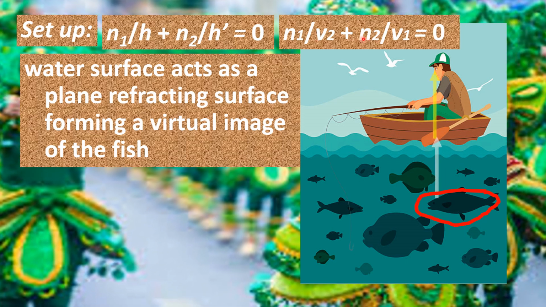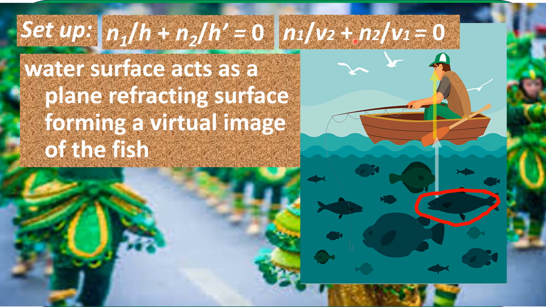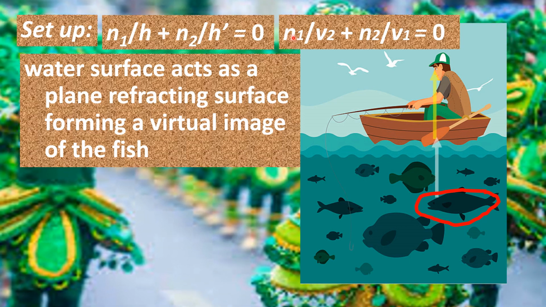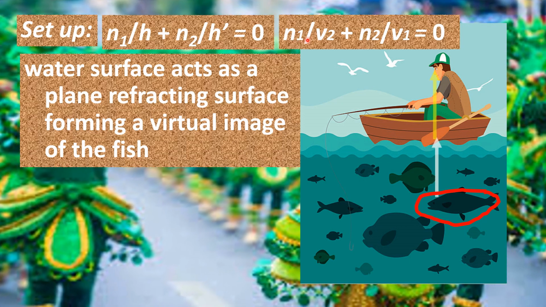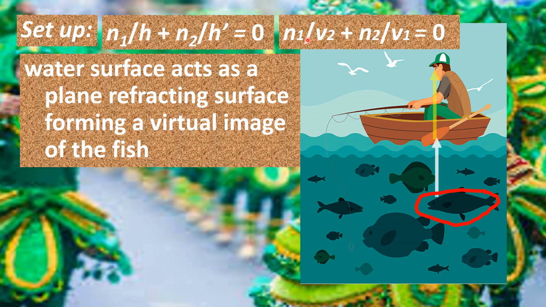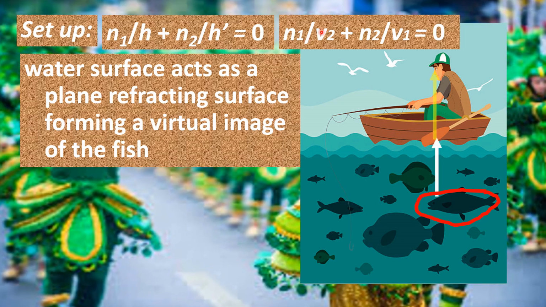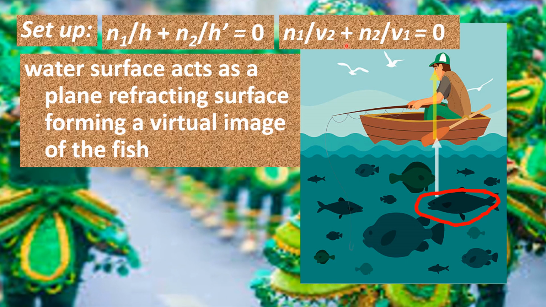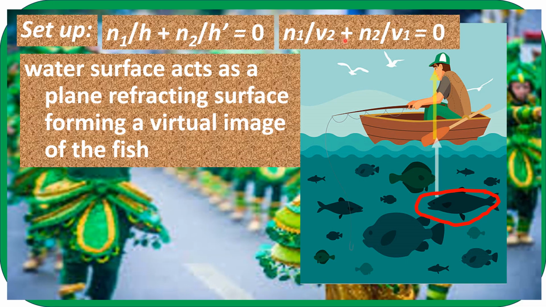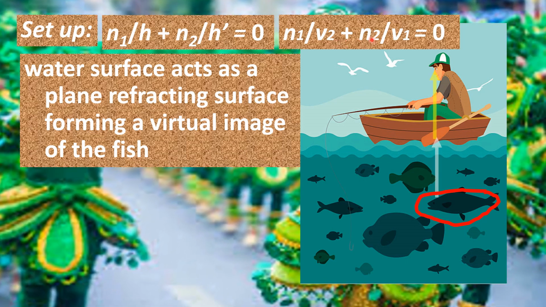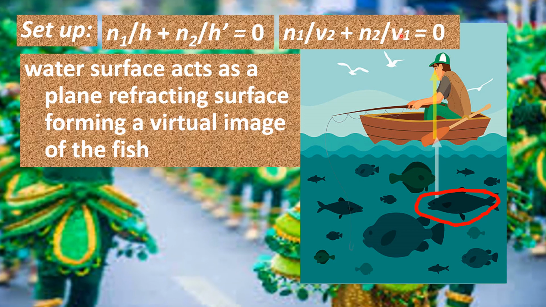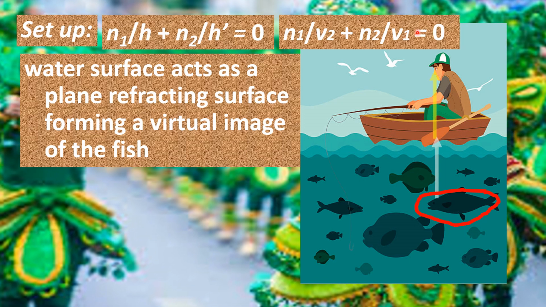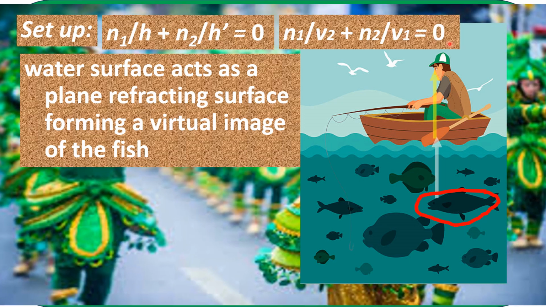So this is interpreted as the ratio of the index of refraction of the first medium divided by the speed of light in the second medium, plus the index of refraction of the second medium over the speed of light in the first medium, is equal to 0.